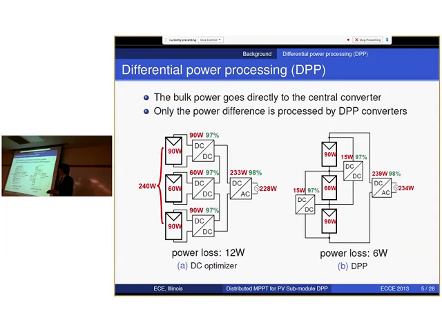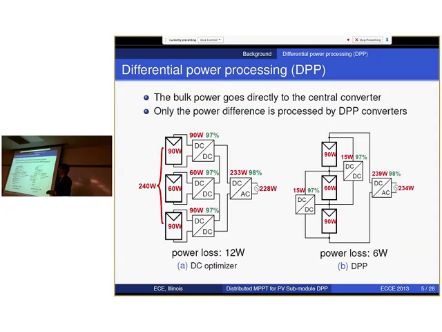In a DC optimizer system, each PV is connected to a DC to DC converter, then to the central converter in a string. The problem of the DC optimizer system is that the whole power generated by each PV module has to be fully processed by this DC to DC stage before it comes to the central inverter.